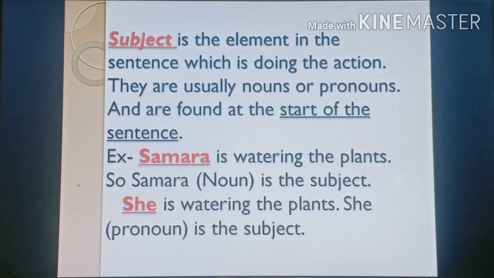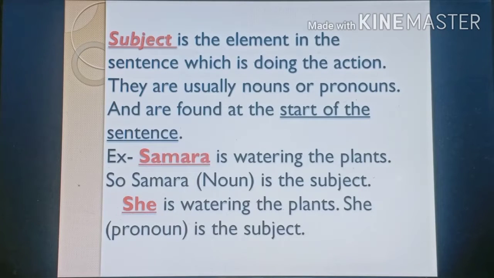Subject. What is a subject? It is the element in the sentence which is doing the action. These are usually nouns or pronouns and are found at the start of the sentence. Keep in your mind, you will always find them in the beginning of a sentence. Let's have a look at an example. Samara is watering the plants.